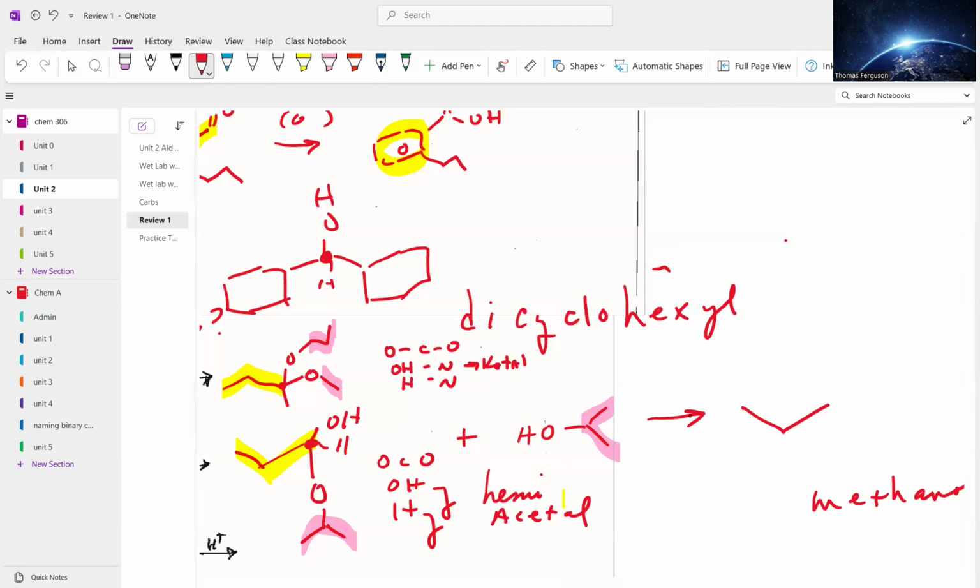We've got the 3-carbon anomeric carbon there. And we've got the original deal here. And then we have another one over here.